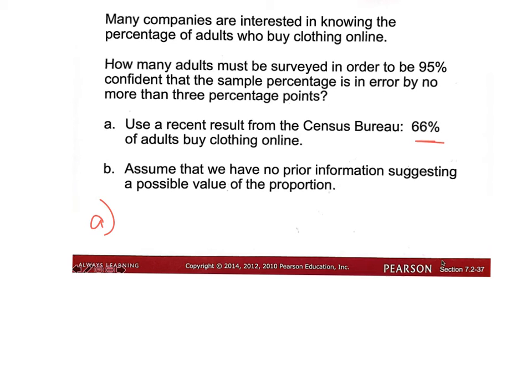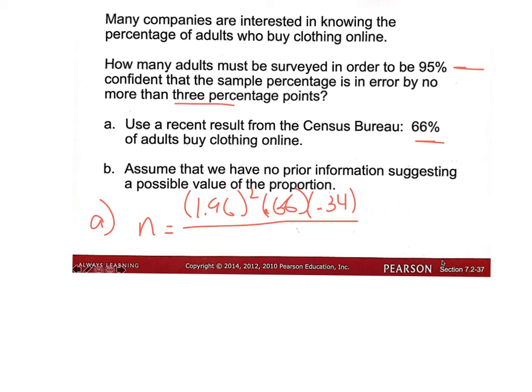So N equals Z-crit, which is 95% again, so it's 1.96 again. That's my Z-crit, squared, times my P hat, which is 0.66, times my Q hat, which is 0.34, over my margin of error squared.